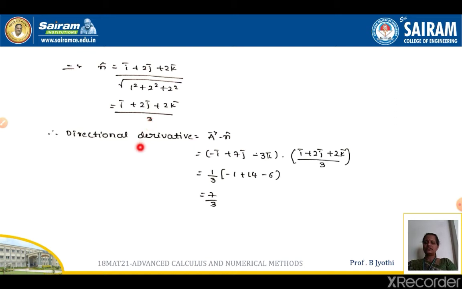So the directional derivative is given by A dot n cap, which gives us 1 by 3 times minus 1 plus 14 minus 6. This is on multiplication of the i components, j components and then the k components respectively. We get it as 7 divided by 3.